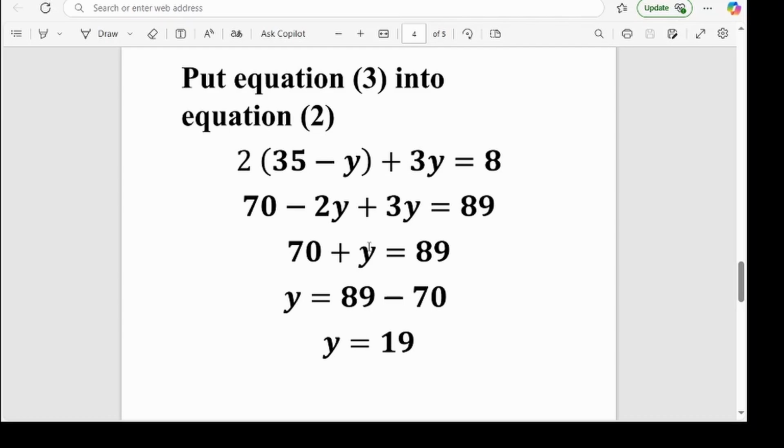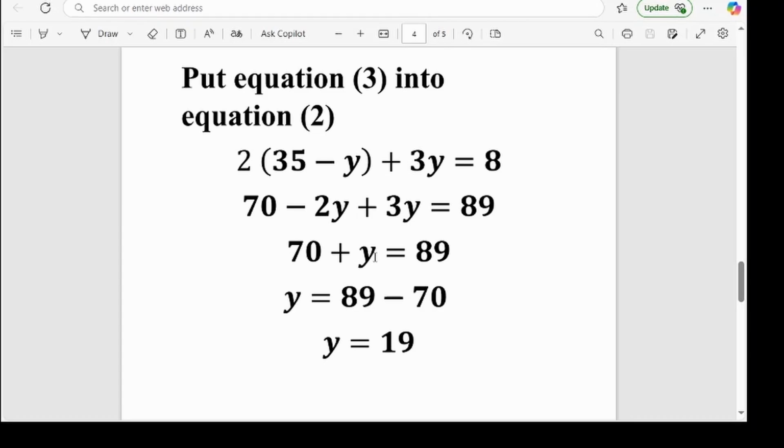You are owing 2 things and you are able to secure 3 additional income. When that happens, you can pay off your debt and you'll be left with just one for yourself, right? So minus 2y plus 3y is going to give you a positive y. So 70 plus y is equal to 89.